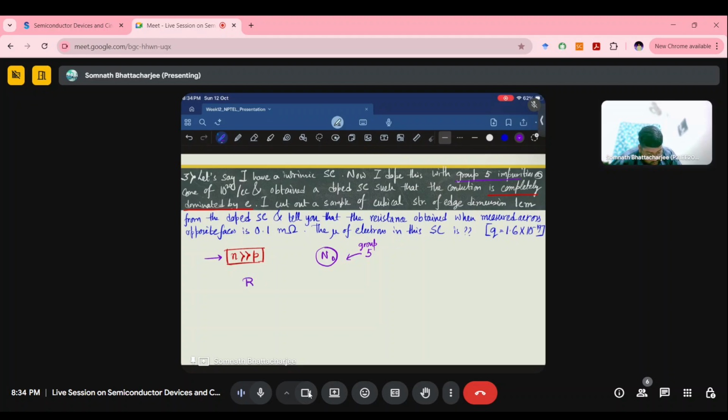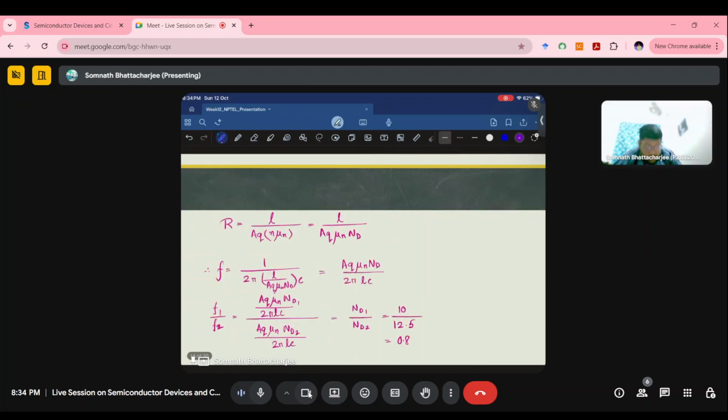So they have already given R equals to 0.1 milliohm, and we just have to find out the value of these values, right? So from this we already know that it is L by A q (n mu n plus p mu p). So we have already used this formula previously and we'll just use it again.